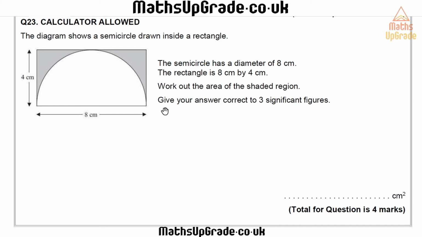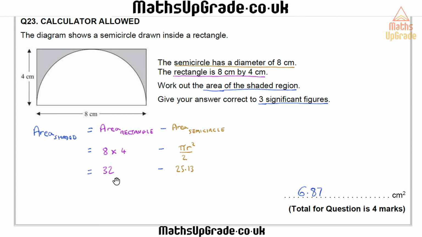So in this question here, to find the area of the shaded parts, I'm going to find the area of the rectangle, then I'm going to subtract from that the area of that semicircle. So the area of the rectangle is length times width, which is 8 times 4, which is 32. And the area of the semicircle, well, it's the area of a circle divided by 2. The area of a circle is pi r squared.